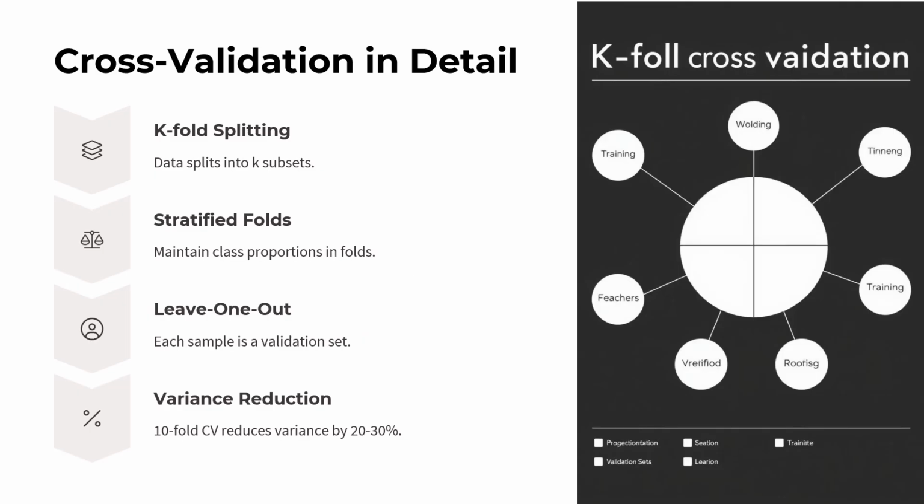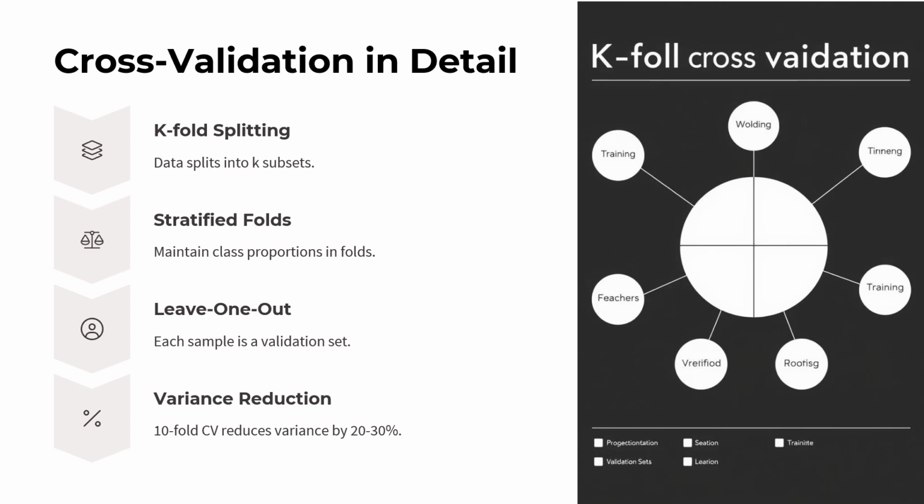Let's dive deeper into cross validation. First, we split the data into k parts and rotate through them. This is called k-fold cross validation. To make things fair, we often use stratified folds, which make sure that each group has the same class proportions.